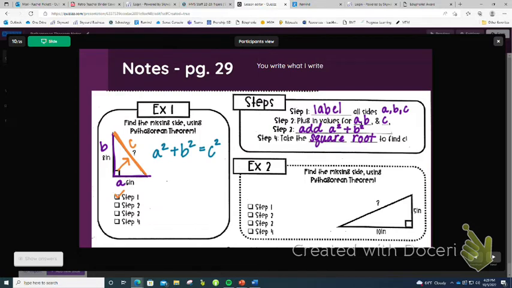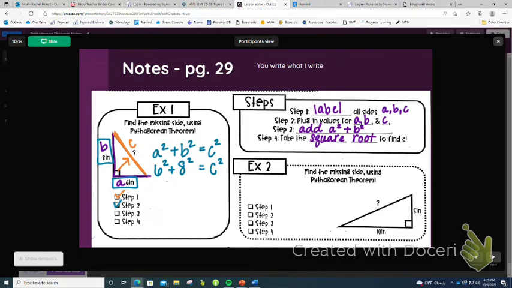For A, we have 6. Keep the squared. So 6 squared plus B is 8. So 8 squared is going to equal C squared. So we plugged in our values for A, B, and C. We didn't have a number for C because we don't know it yet. That's step 2.